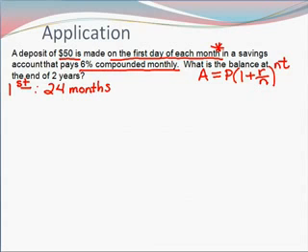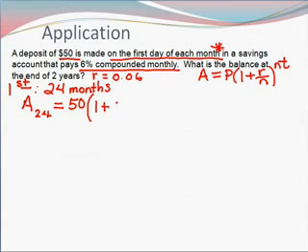So the equation for that would be A, and I'm going to put a subscript 24 on here, because this is the very first deposit we made. It spends 24 months earning interest. P is 50. 1 plus r is going to be 0.06, and it's compounded monthly, so n is going to be 12.